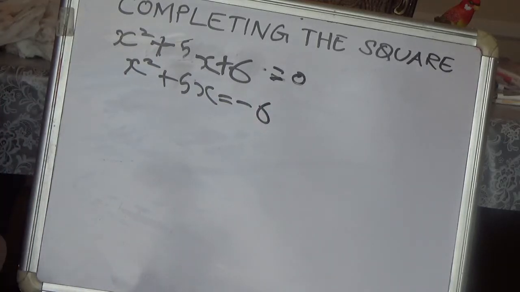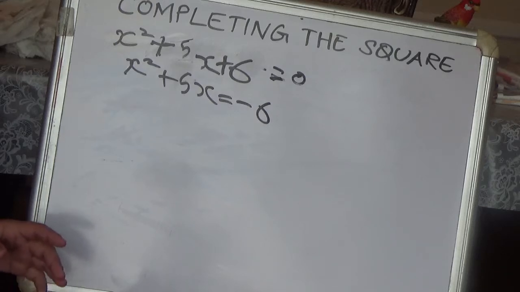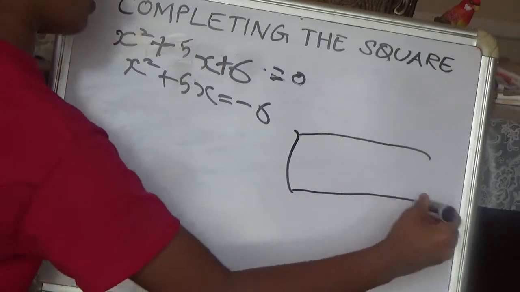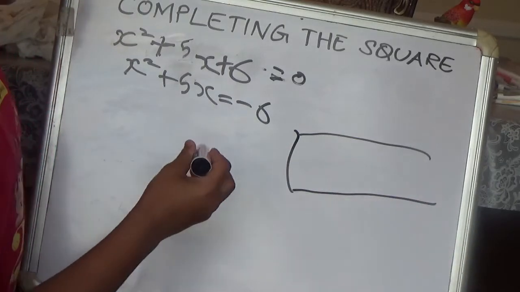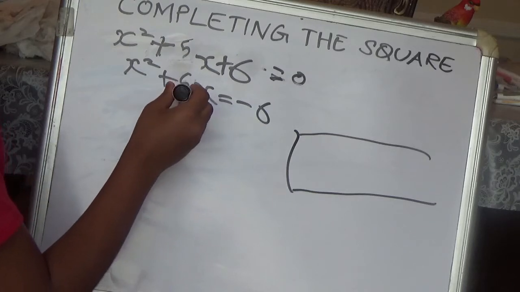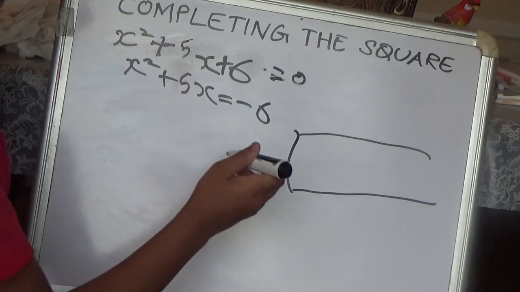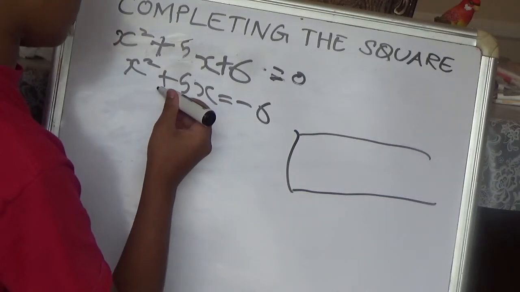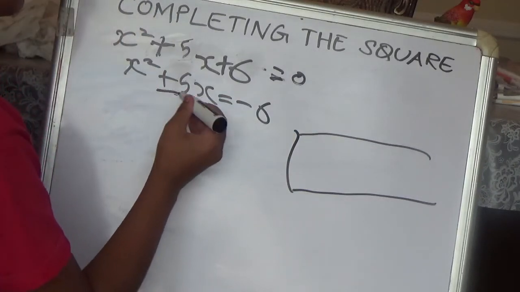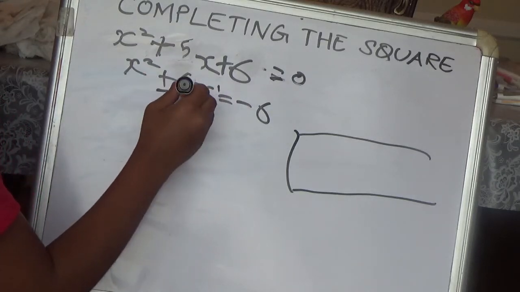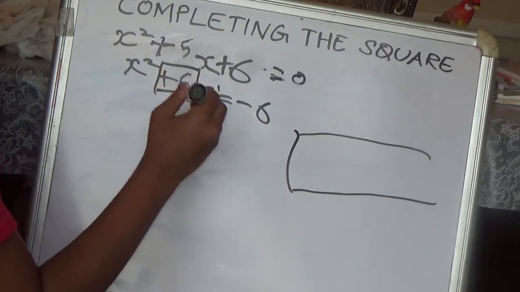Now we're going to actually complete the square, and this is the hard part. You have to make a separate corner over here. First, take the coefficient of the middle term, the x to the first power, which is 5 in this case.